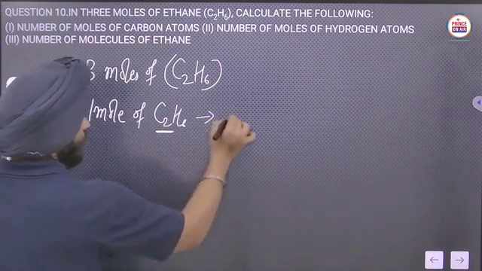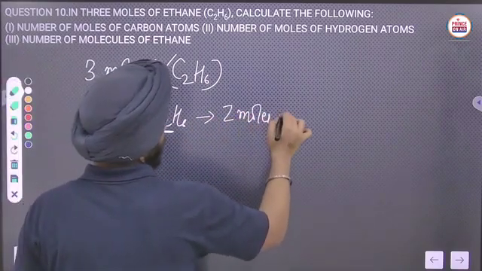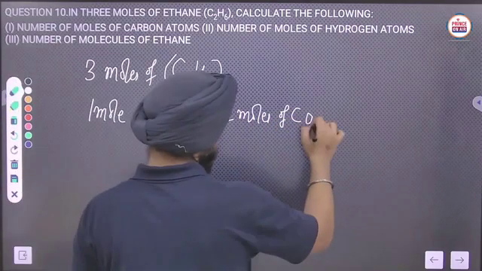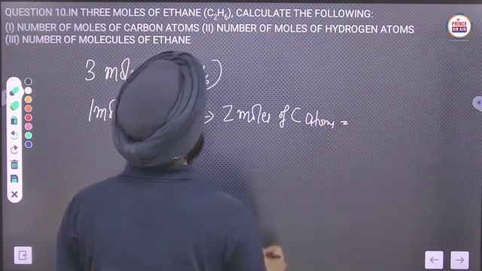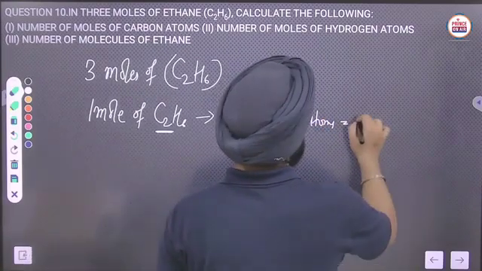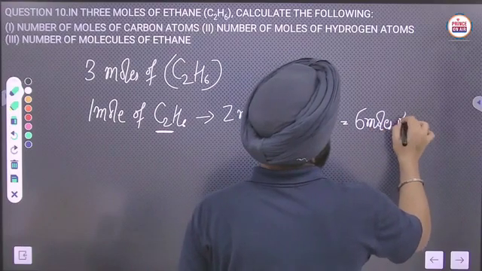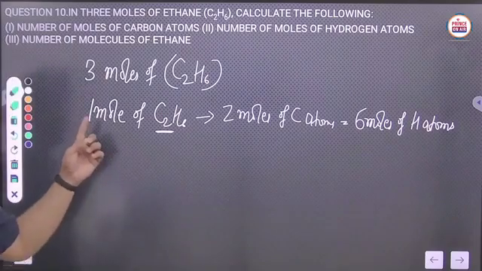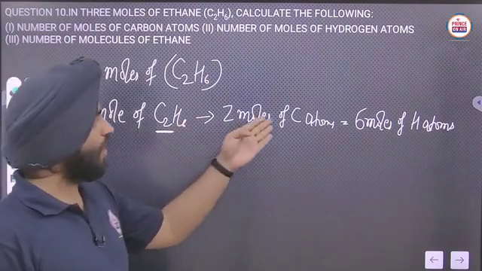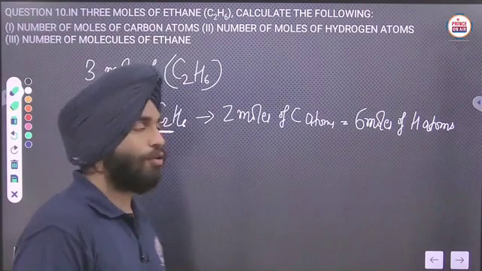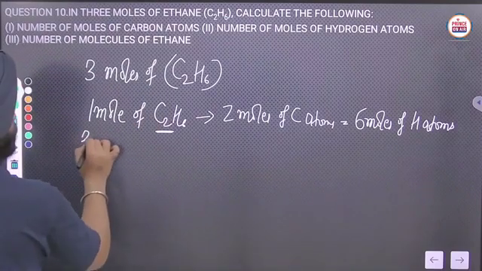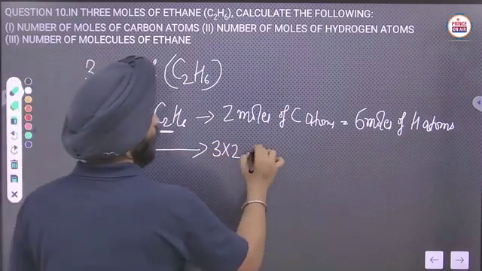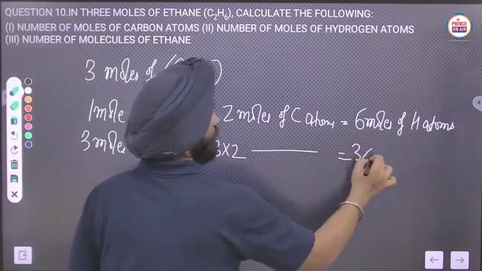1 mole of ethane will contain 2 moles of carbon atoms and 6 moles of hydrogen atoms. So 3 moles will contain 3 into 2 moles of carbon and 3 into 6 moles of hydrogen.